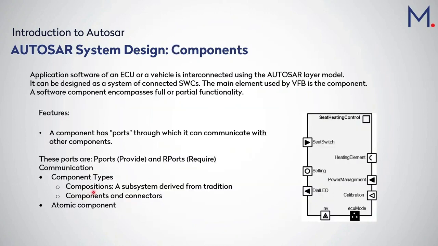And I want to talk about different ports. Mainly there are two types of ports: provide ports and require ports. Provide means a software module provides something to the outside. It may be either a signal or a function. And a require port means it requires something.